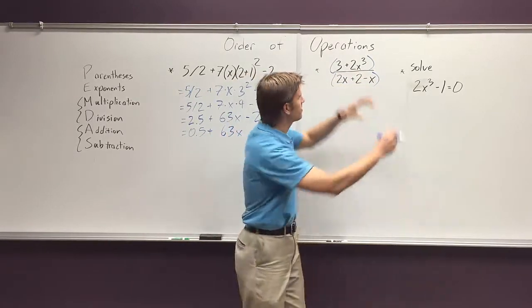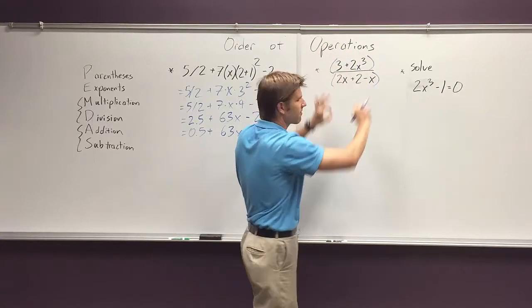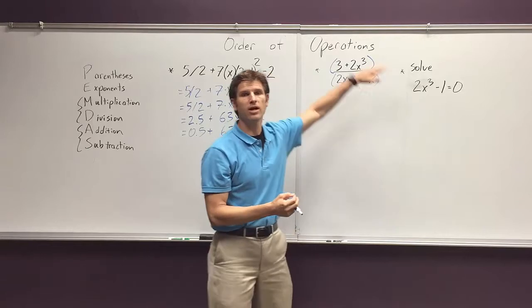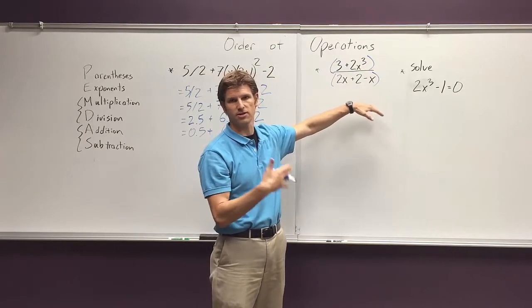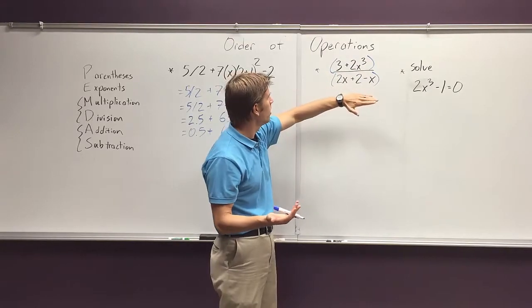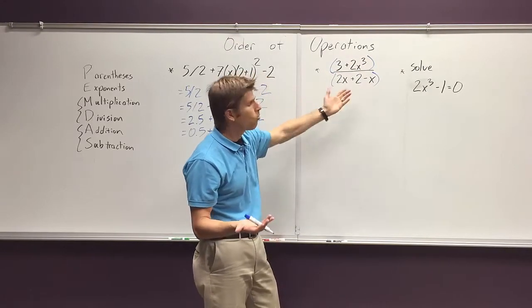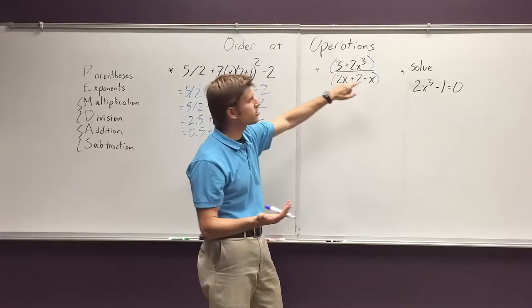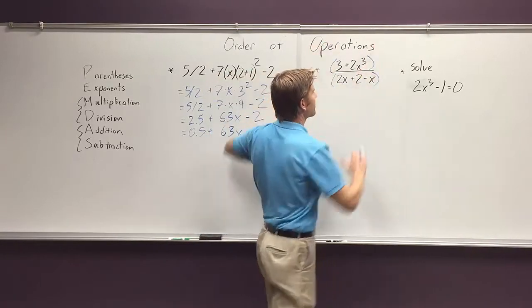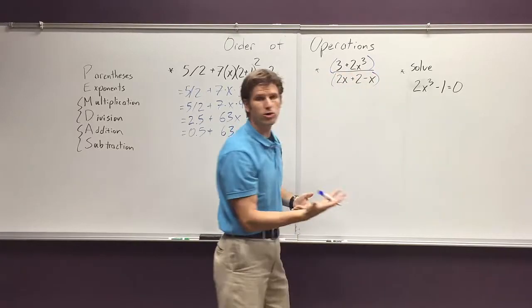We all know you're supposed to do the stuff on the top and the stuff on the bottom separately, but here's the point. If you plugged that into Microsoft Excel or your favorite Internet Explorer, what's going to happen? If you don't put those parentheses around the division, it's not going to know, hey, all of that gets done first. It can't know how long you make that bar.